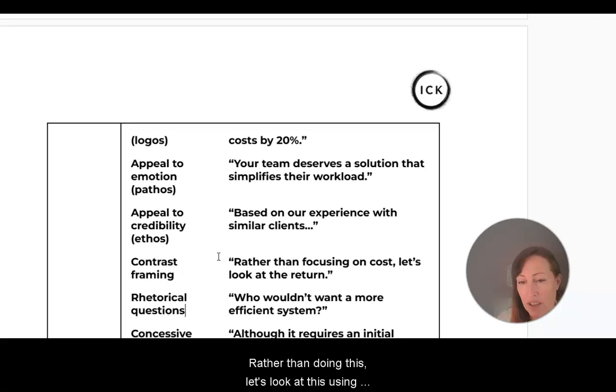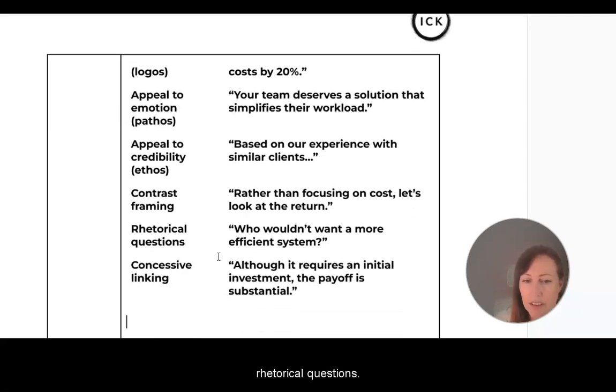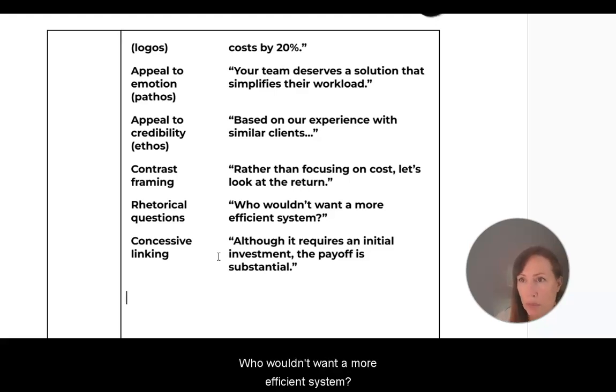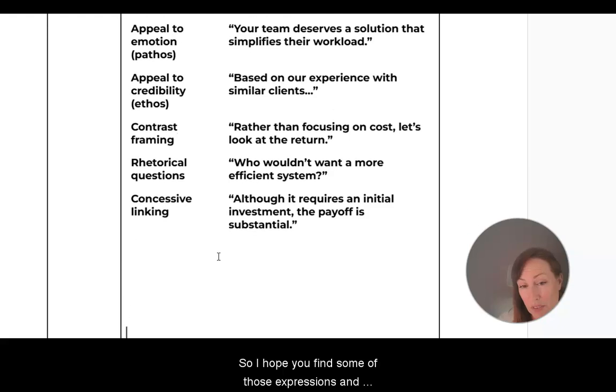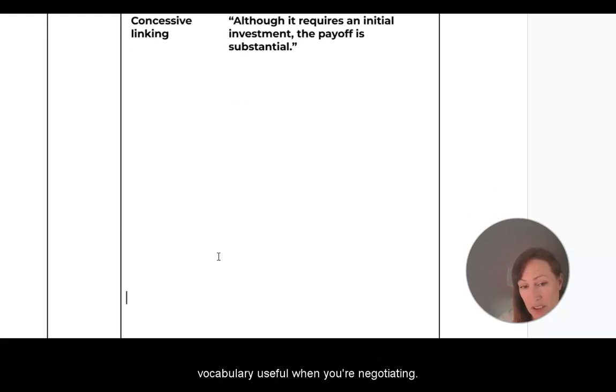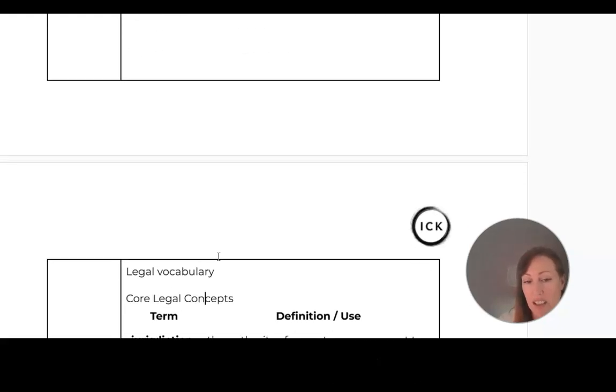Using contrast: rather than doing this, let's look at this. Using rhetorical questions: who wouldn't want a more efficient system? And then using concessive linking: although it requires an investment, the payoff is substantial. So I hope you find some of those expressions and vocabulary useful when you're negotiating.